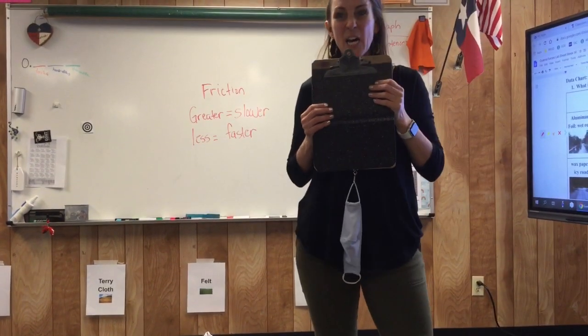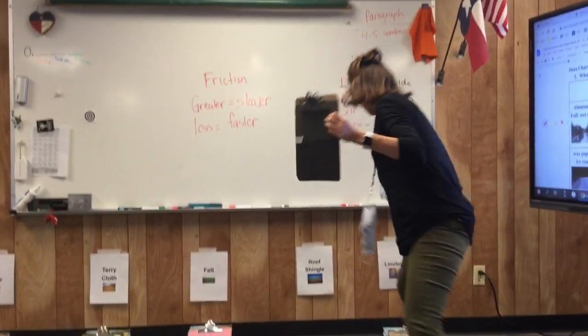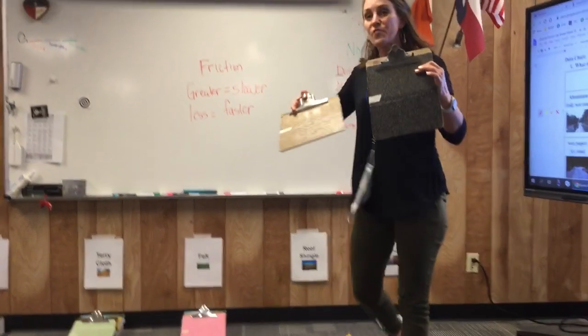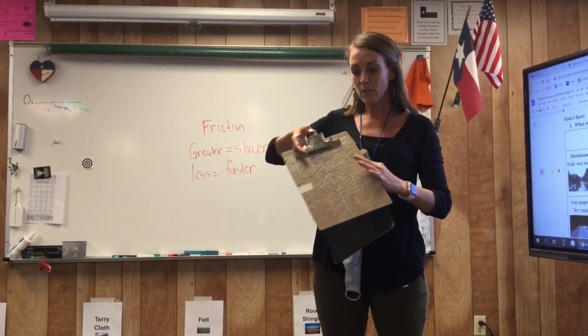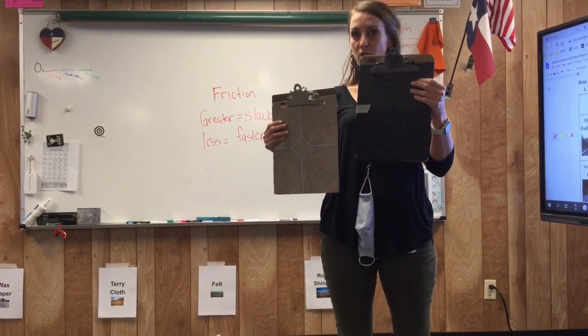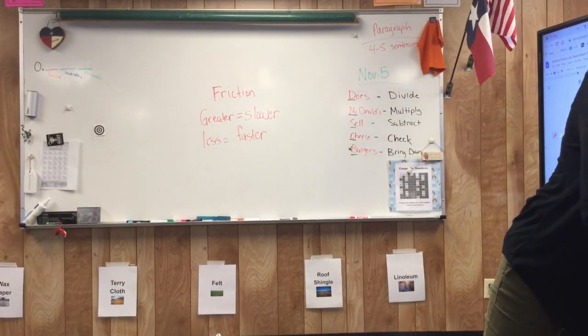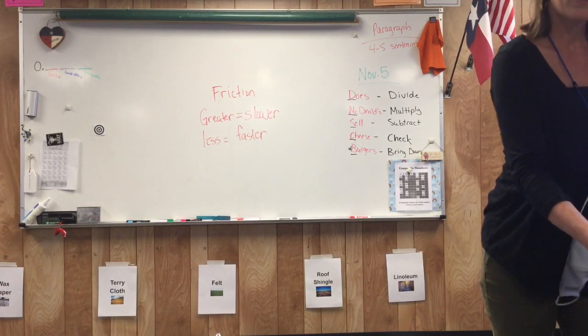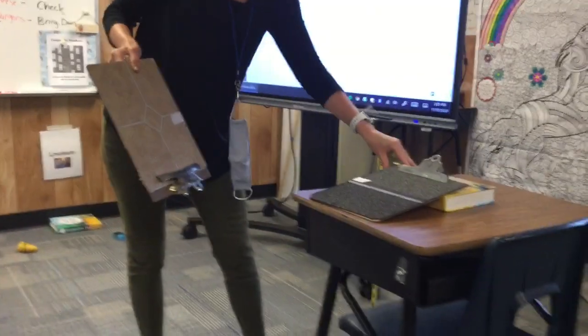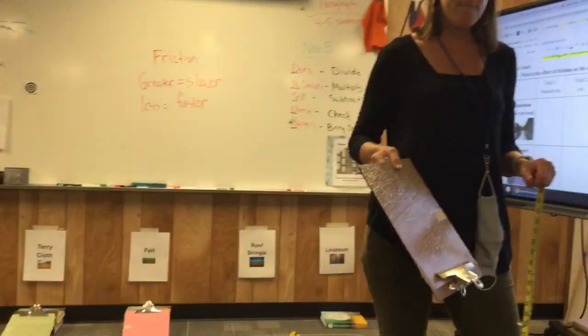I have items with different surfaces on them. And I have a ramp. Can y'all see this? A ramp. Okay?